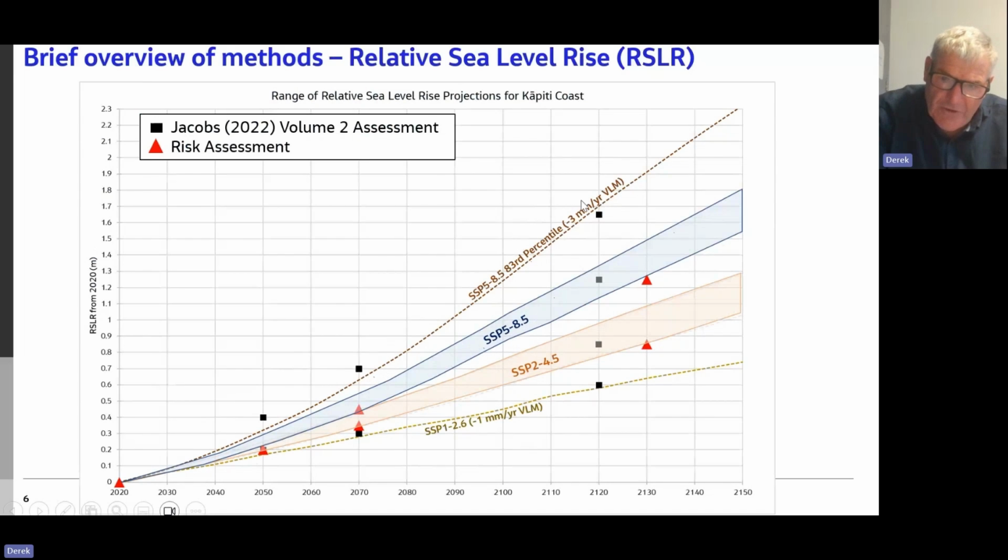So these upper ones are now being dropped out of the risk assessments and adaptation work. And so what we're left with is the red triangles.